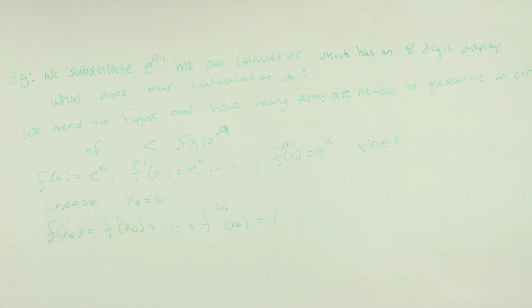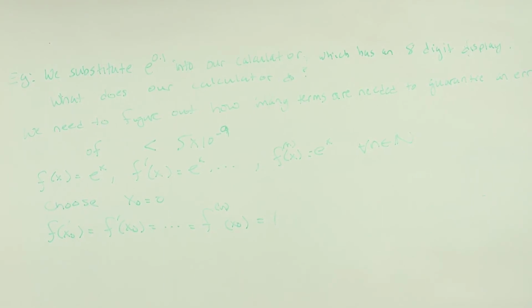Okay, so let's write out our Taylor approximation. So we know that f of 0.1 is exactly equal to our nth order Taylor polynomial.